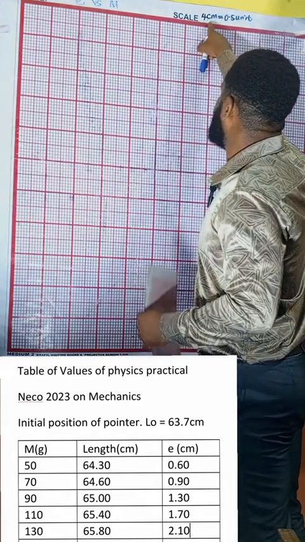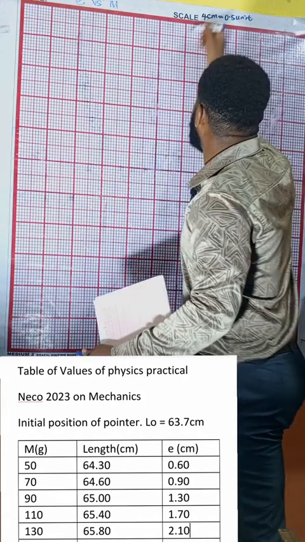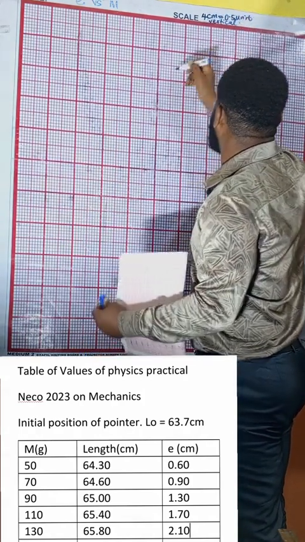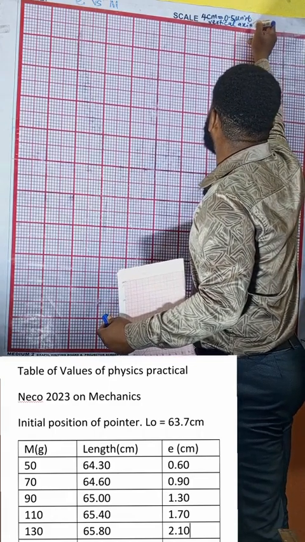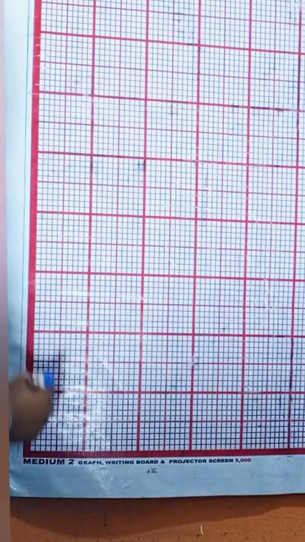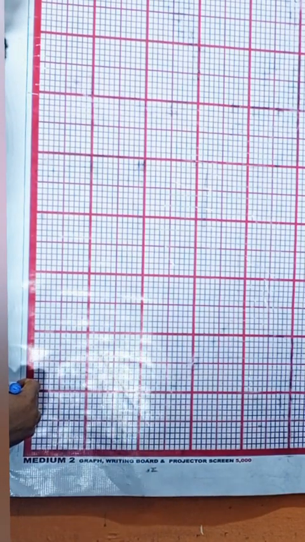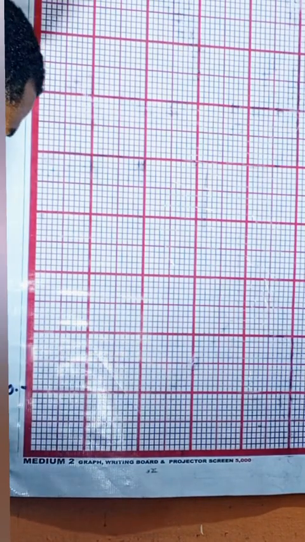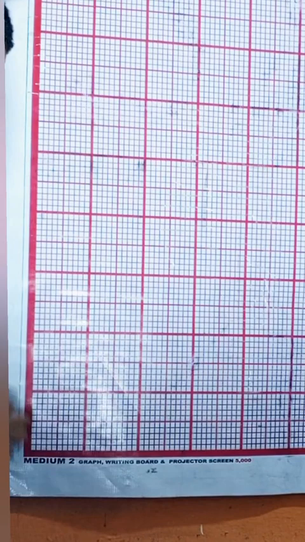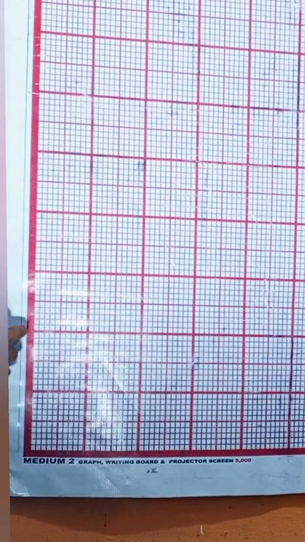That is going to be on the vertical axis. So let me write on the vertical axis. The next thing I'm going to have is 0.5. No, this is 2 cm, it cannot be here. So this is 2 cm, and this is 4 cm.